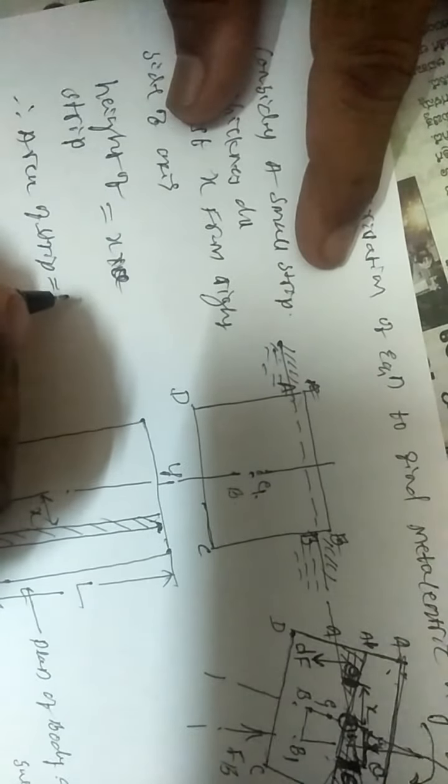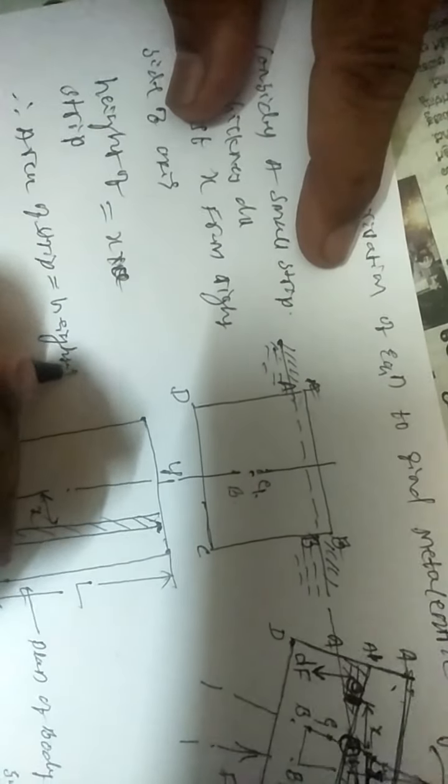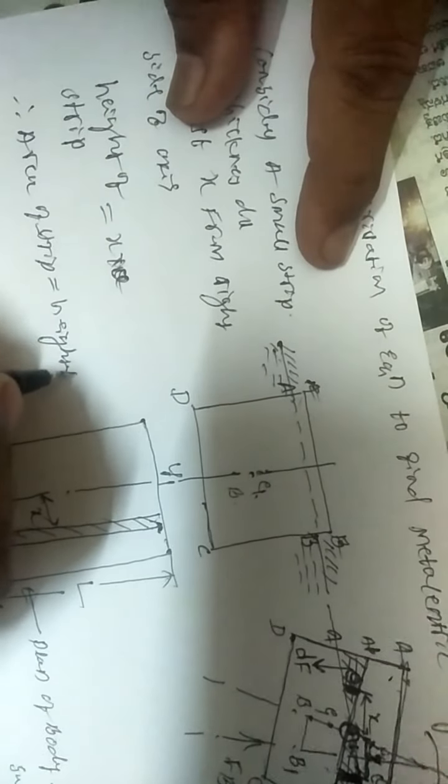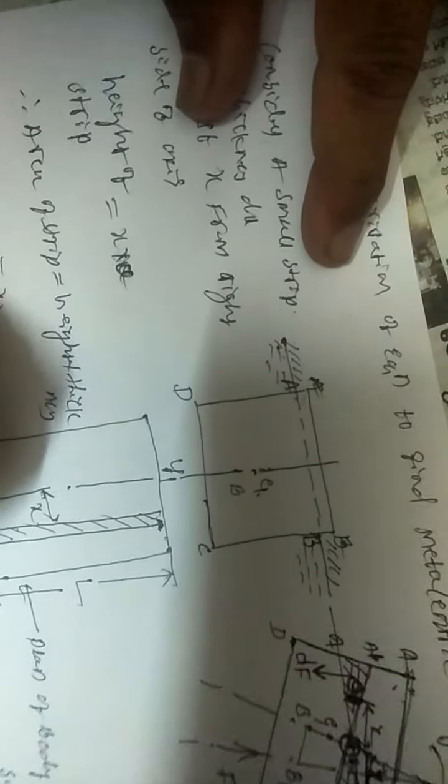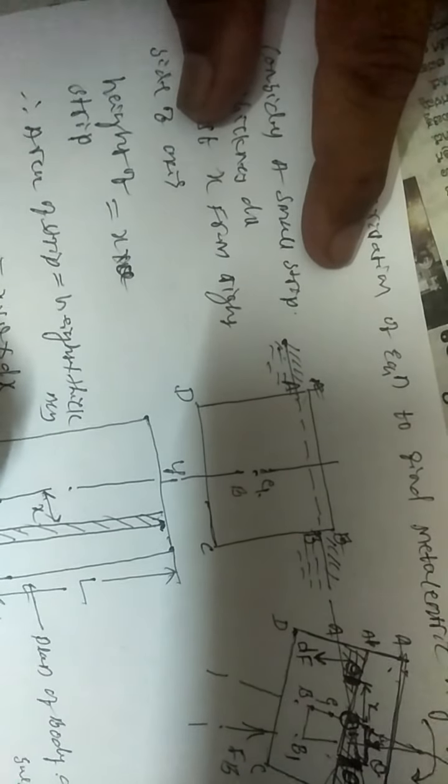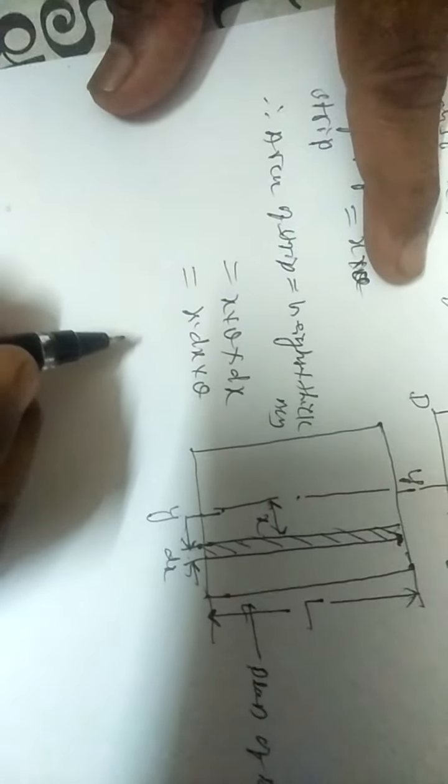Therefore, the area of the strip equals height into thickness. Height x theta into thickness dx gives x into dx into theta as the area of the strip.